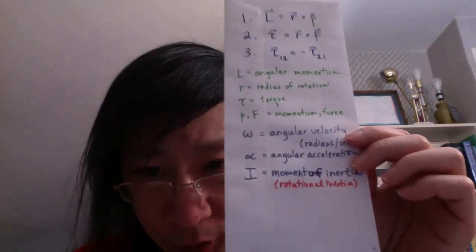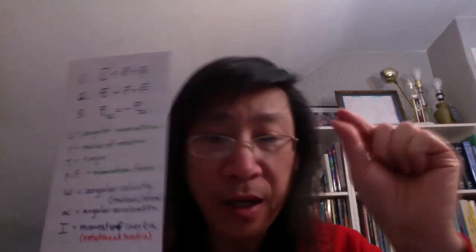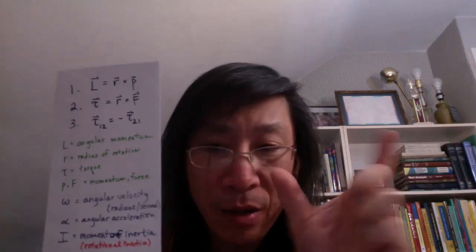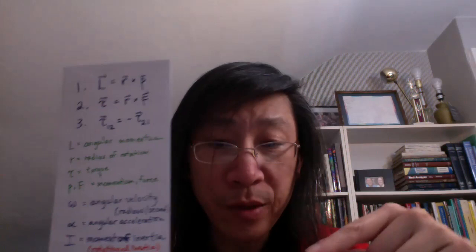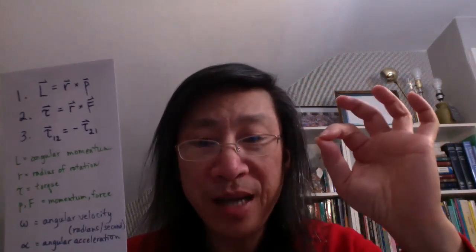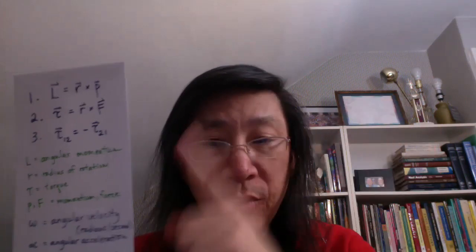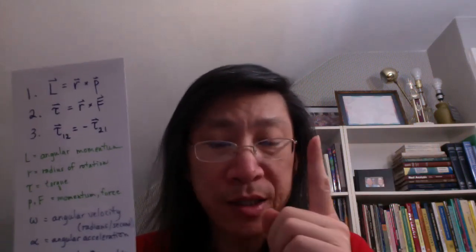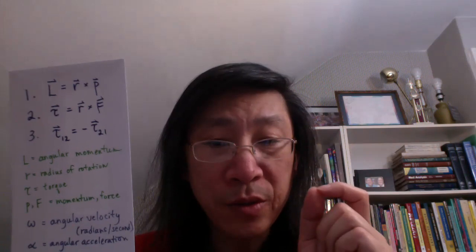So the moment of inertia, or the rotational inertia of an object at a distance r, if you're going to try to figure out what that number is, for a point source, like a mass object of mass m going around a central point at a distance r, the rotational inertia of that point is mr squared.